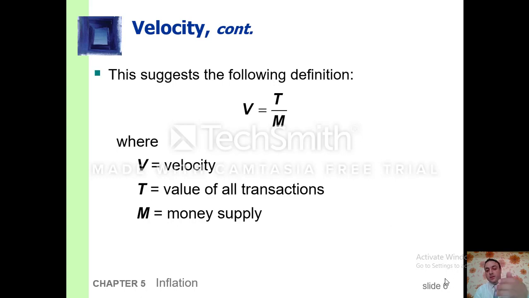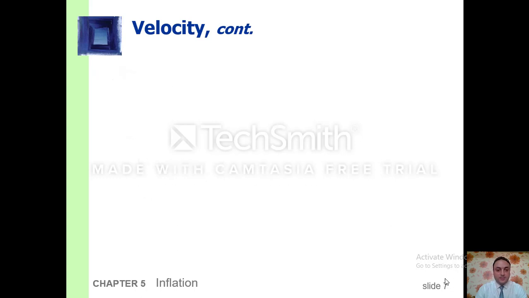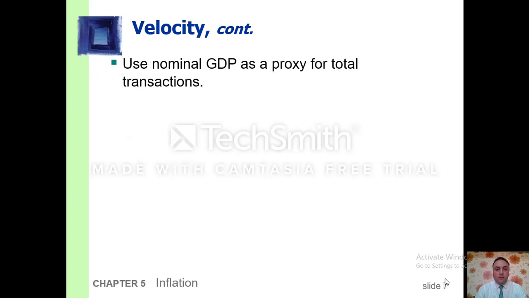When we divide the transactions, 500, by the money supply, 100, the velocity, the number of times the currency changes hands in the economy, is 5 times.